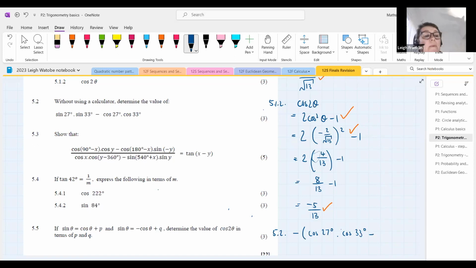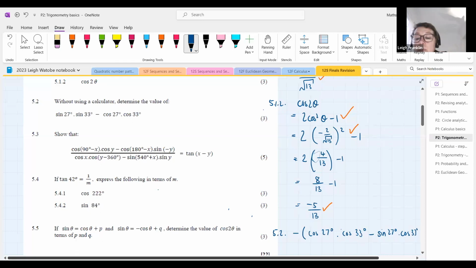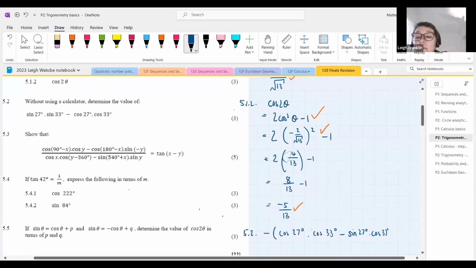So this would become a minus. And then we would have sine 27, cos 33. Let me write that second part a bit nicer. We can't forget about this negative in the front.